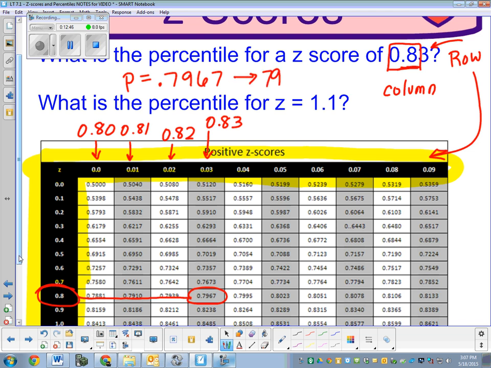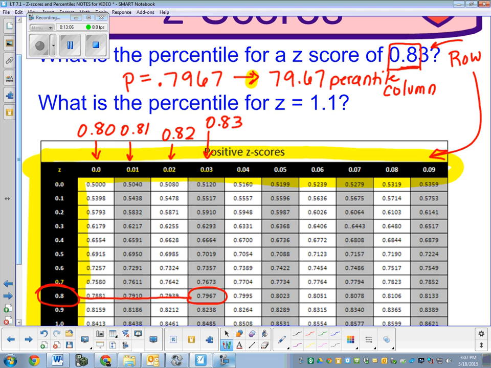So what this means is if I have a percentile of 0.7967, approximately 79.67% of the data falls below that z-score, whatever the z-score is for. That's what that means.